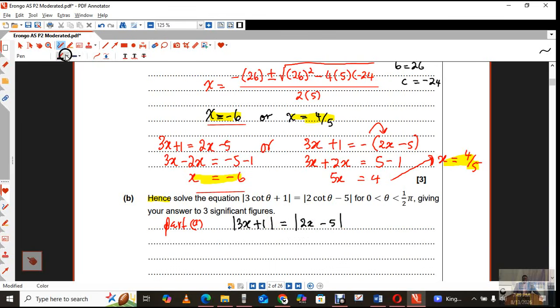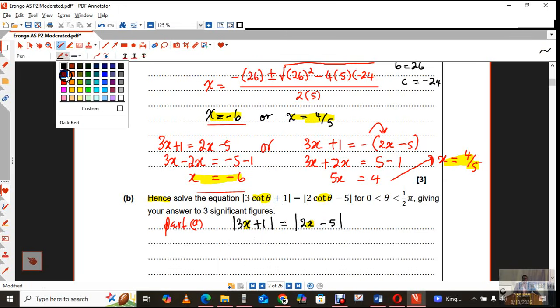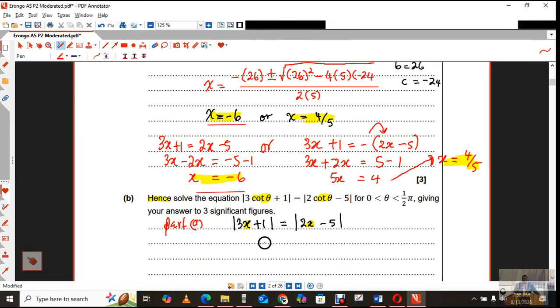And if you compare these two equations, you'll see that where there is an x, there is a cot theta, right? So that means you must now make a deduction that x is supposed to equal cot theta. That's what you need to understand.